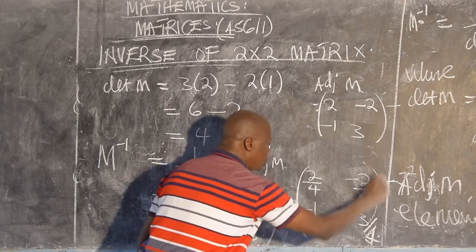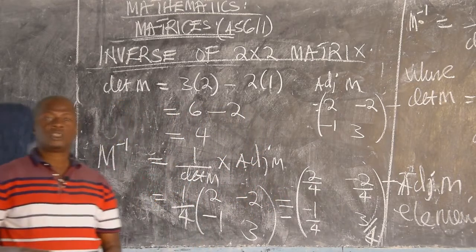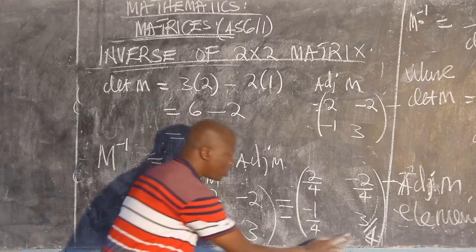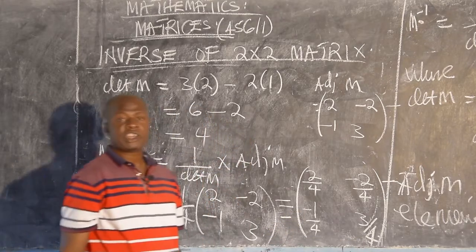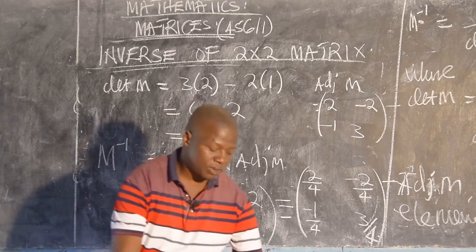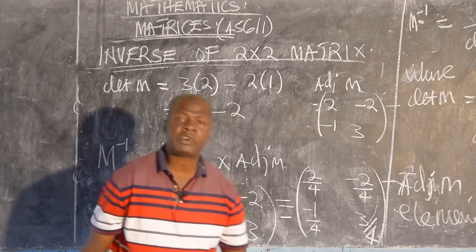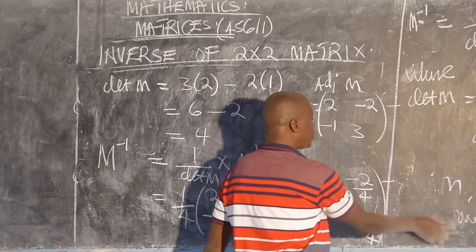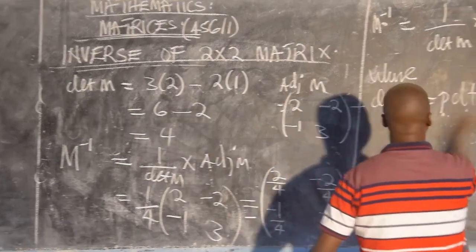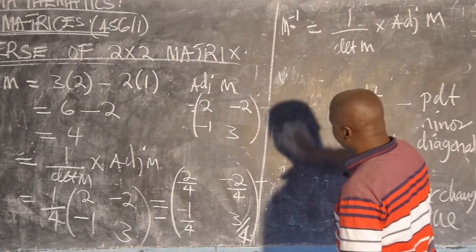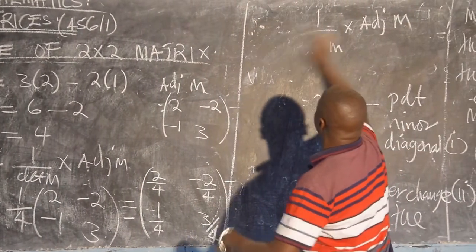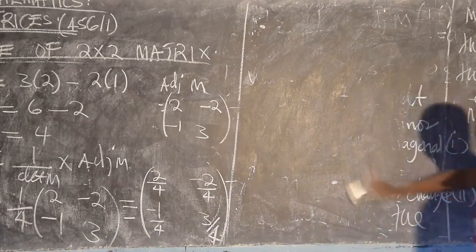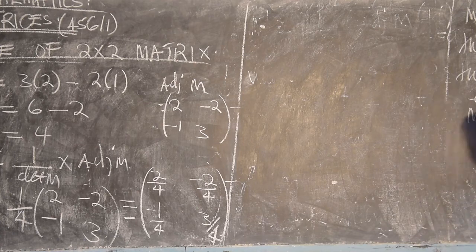You may reduce your answer, or you may leave it in that form. However, avoid giving your answers in decimal. If you are to give your answer in decimal, make sure it is to 4 decimal places. So it is better to leave your answer in that form, or to simplify it further. That means you reduce.